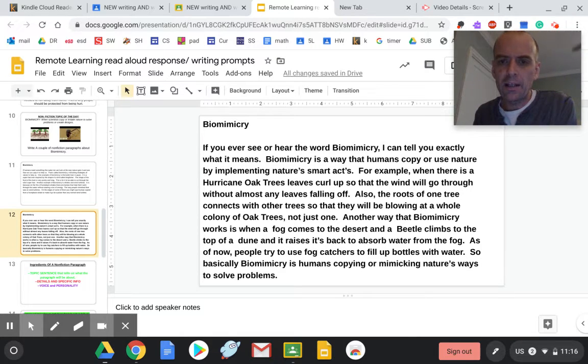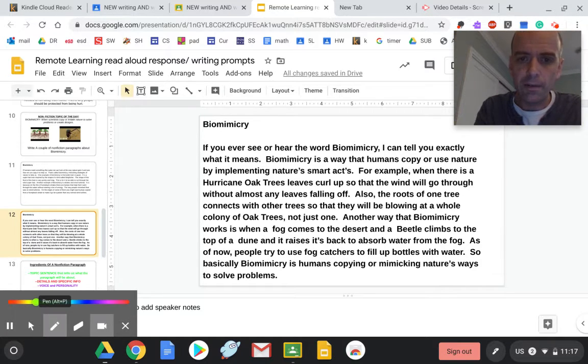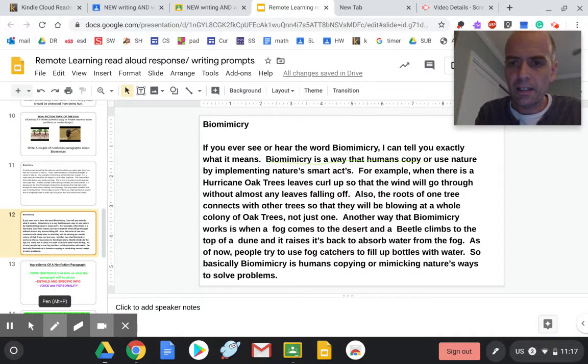Biomimicry is a way that humans copy or use nature by implementing nature's smart acts. I mean, holy cow. I would say this is the topic sentence, wouldn't you? It's actually kind of two topic sentences. And the whole paragraph, I think, is going to be how humans copy nature, right? I think that's so clear.